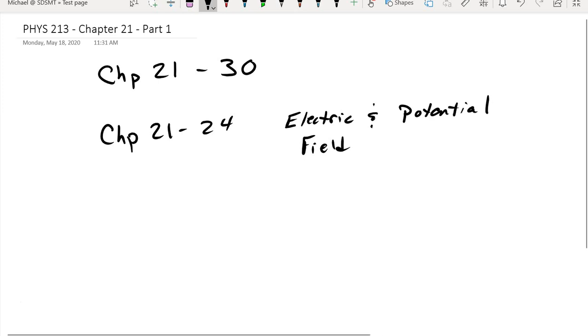Once we have the foundations of those two topics under our belt, we will make our way into the second segment of the course, chapters 25 through 27, which primarily deal with circuits. We're going to limit ourselves to mainly capacitors and resistors for this course material.